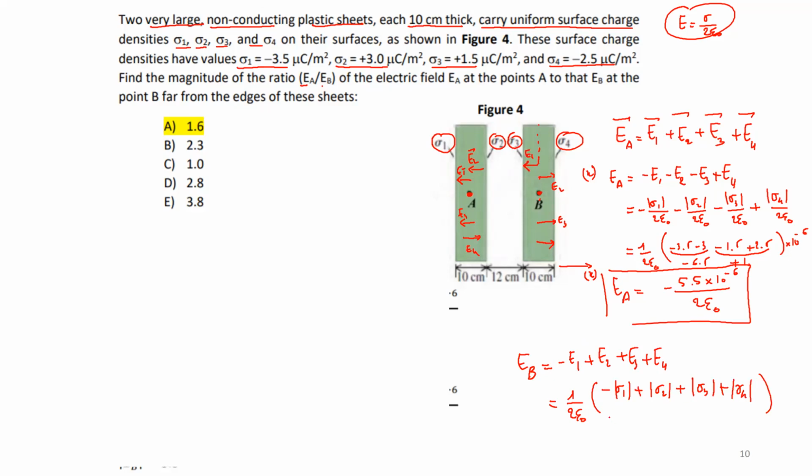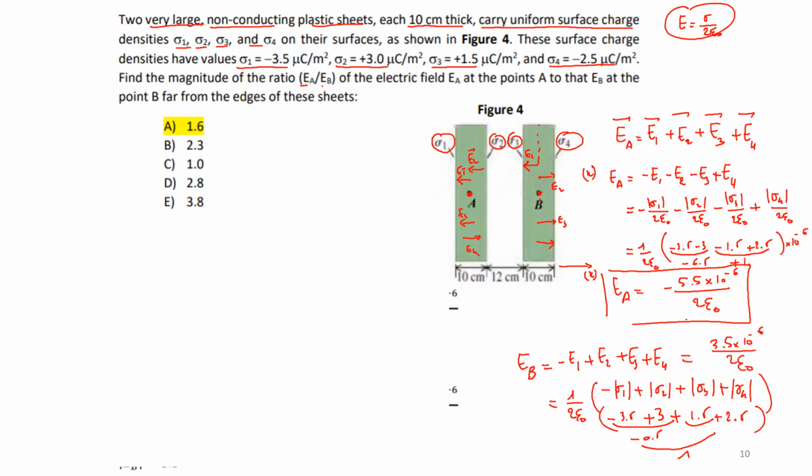So this will give me minus 3.5, plus 3, plus 1.5 for sigma 3, and 2.5 for sigma 4. Did I make a mistake somewhere? It's possible. Anyway, this will give you minus 0.5, and you add it to this, so this will give you 1 and 3.5. So EB, I find 3.5 times 10 to the power minus 6 divided by 2 epsilon naught.